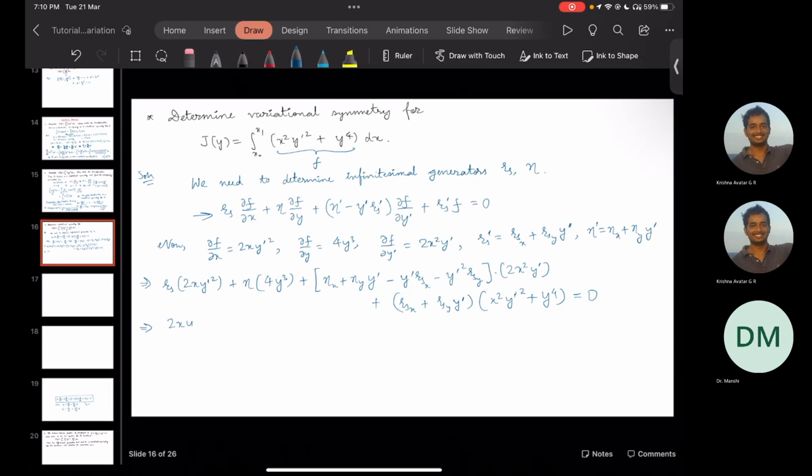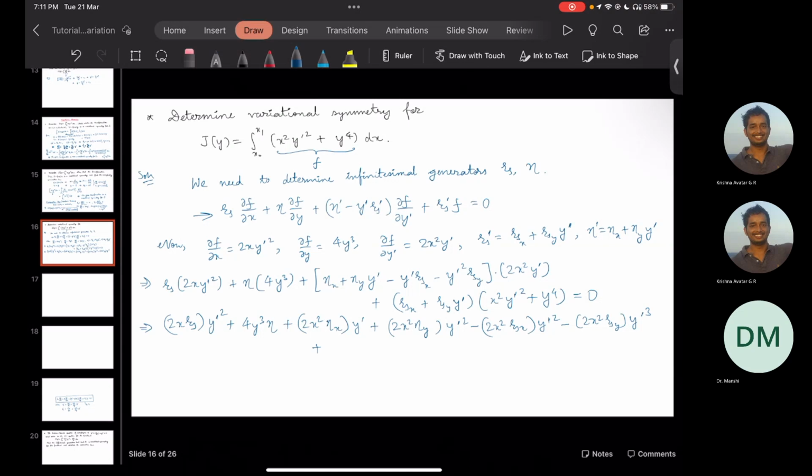We have 2x y prime squared xi plus 4y cubed eta plus 2x squared eta x y prime plus 2x squared eta y into y prime squared minus 2x squared xi x y prime squared minus 2x squared xi y prime cubed, isn't it?